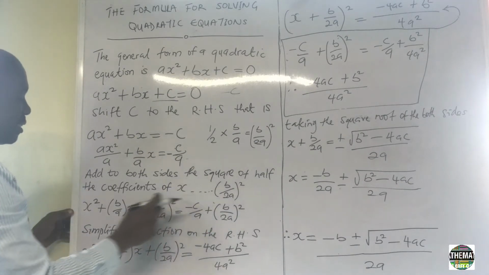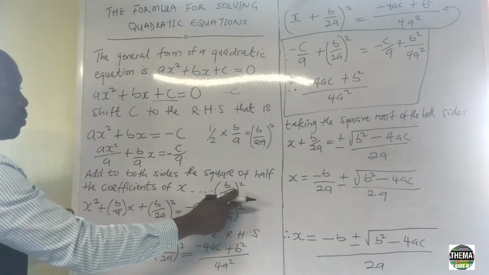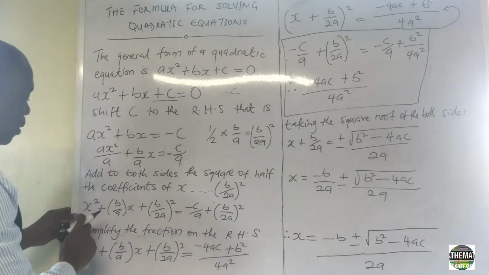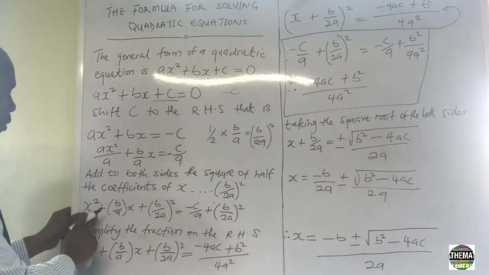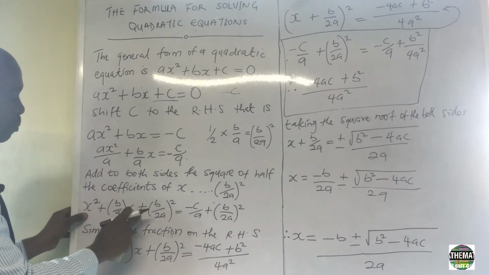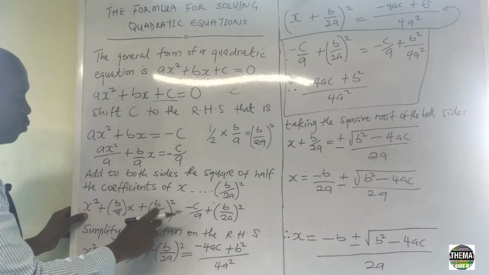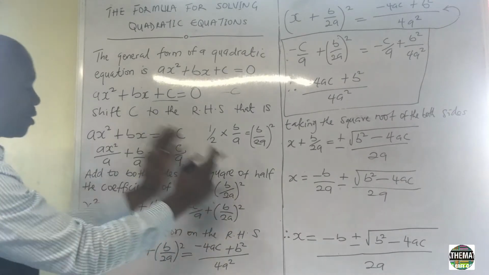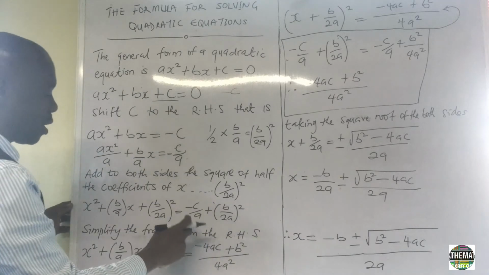We said we will add the square of half the coefficient of x, this particular one, to both sides of our equation. So it will now become x squared plus b all over a x plus open bracket b all over 2a close bracket squared. The same one we had on the left, we add on the right.